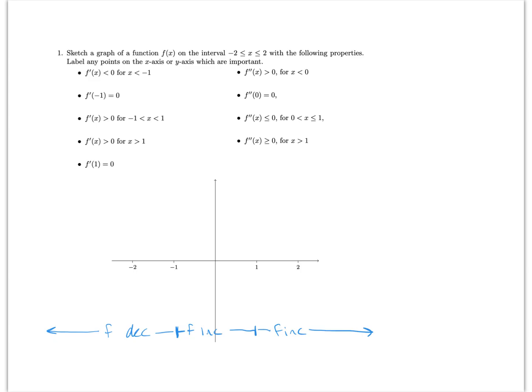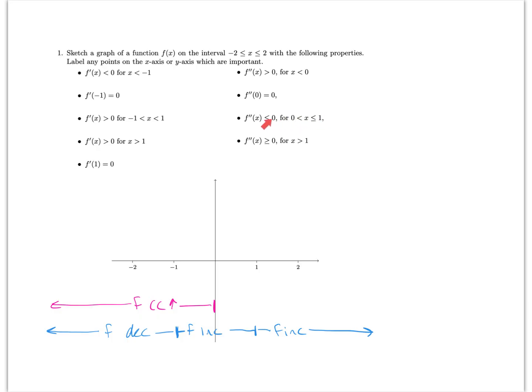So now I'm going to look at anything that they tell me about f double prime to note concavity. When f double prime is positive, they're telling me that f is concave up. So for x less than 0, f is concave up. And then f double prime is less than or equal to 0 for x's between 0 and 1.